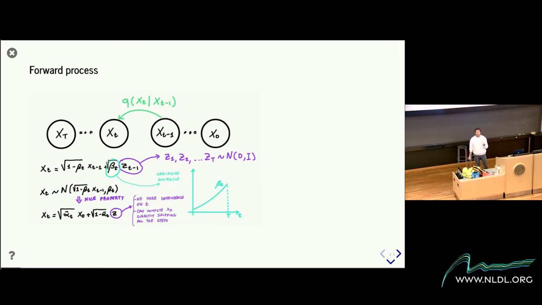What is z_{t-1}? This is a random variable. Basically, it's just a realization of an isotropic Gaussian, so a standard normal distribution which is centered in 0 and has covariance 1.